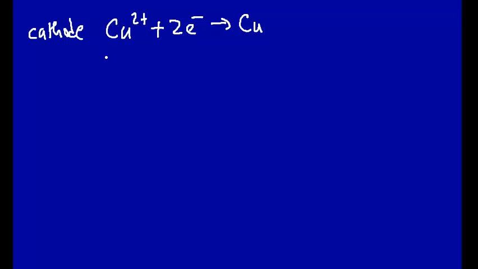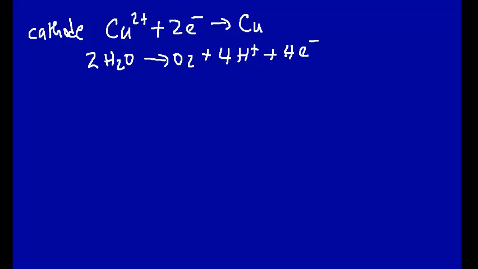What's going to be oxidized in water is the oxygen going from -2 oxidation state to 0. We just make O2 gas, so 2H2O is oxidized to O2 plus 4H+ and plus 4 electrons. And that happens at the anode. Water is oxidized to produce O2 gas.